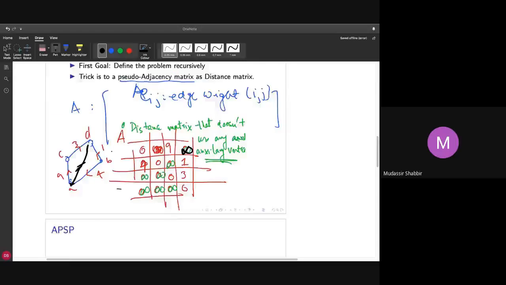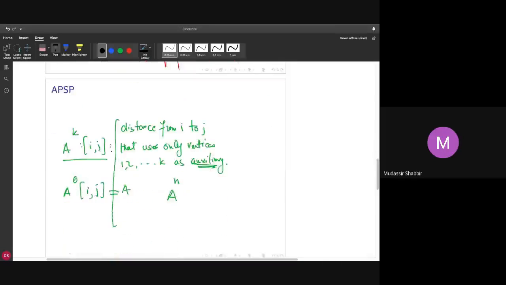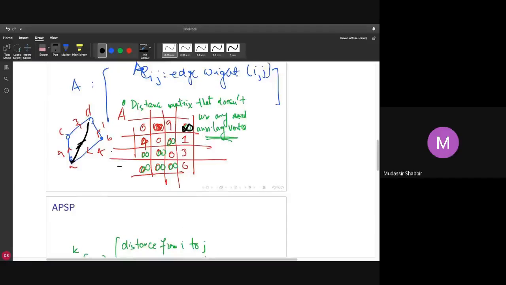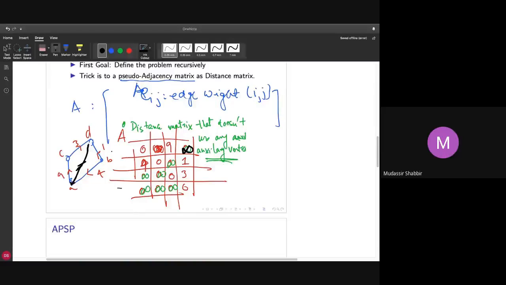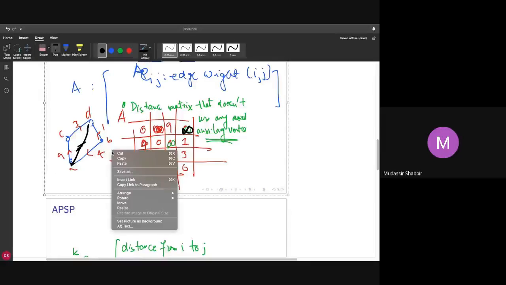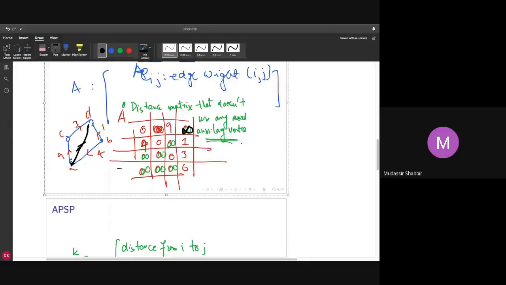Then we said that we can extend this definition to use more than 0 intermediary or auxiliary vertices. This pseudo adjacency matrix does not use any auxiliary vertices. It does not use any vertices on the path from vertex I to vertex J. It only uses vertices I and J.